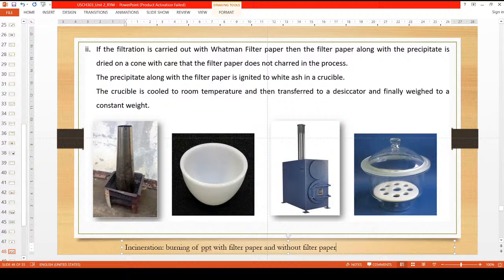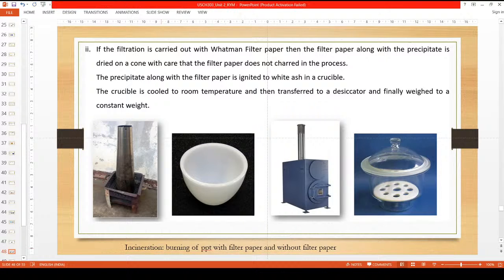So this ignition is done to remove the water and to dry your compound carefully. If your precipitate is very stable, you can remove only moisture by this way.